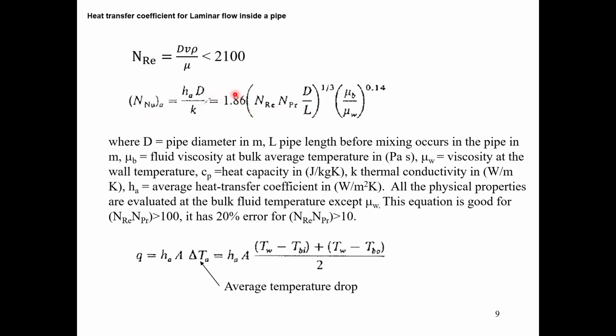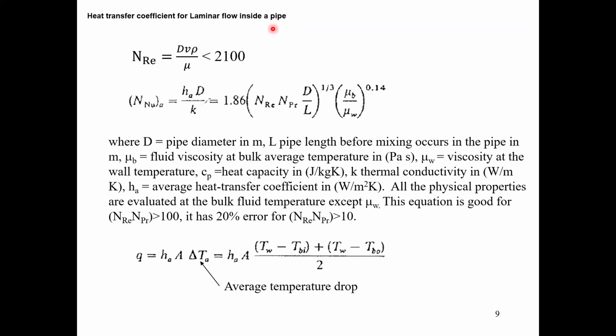All the other constants were estimated by doing experiments first and regression analysis later on. With that, researchers were able to develop this model for estimating heat transfer coefficient for laminar flow inside a pipe.